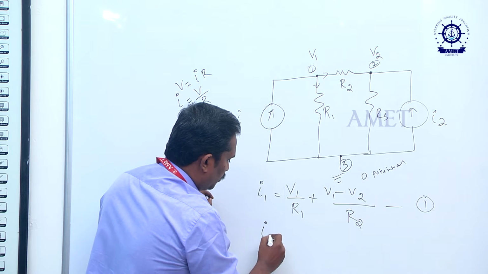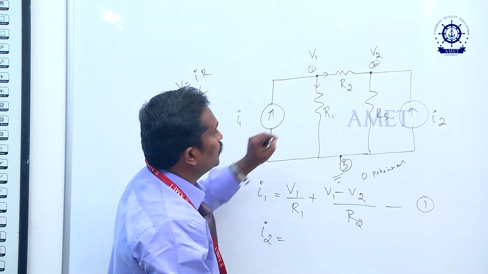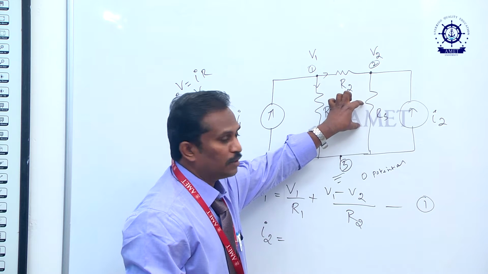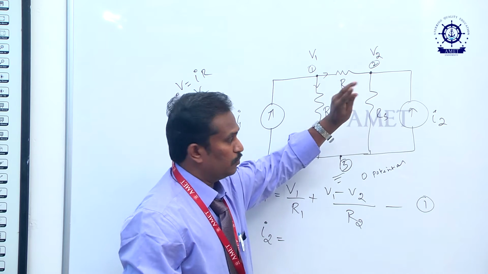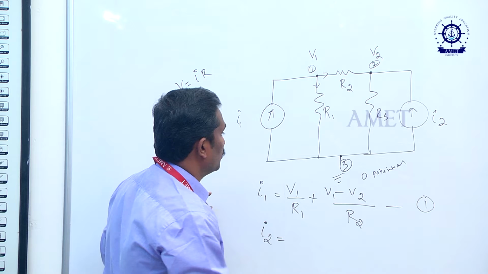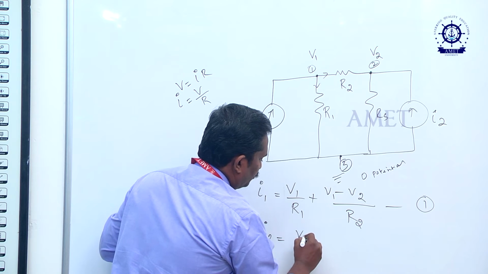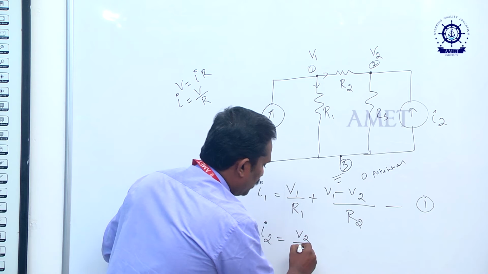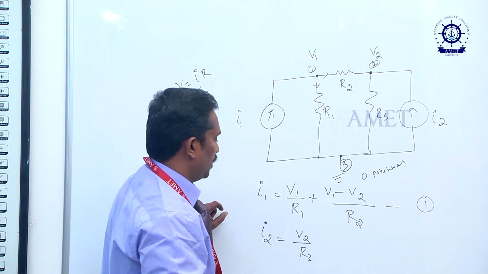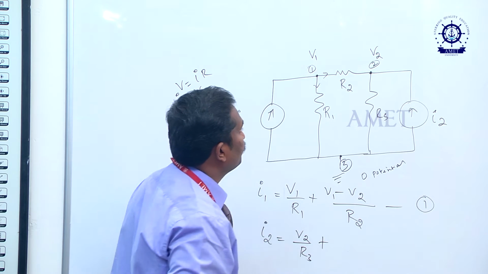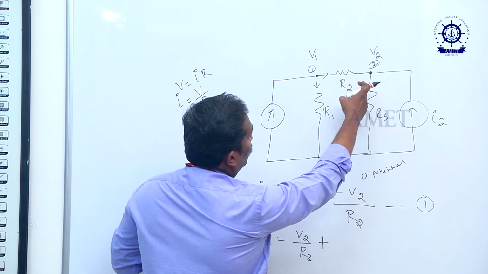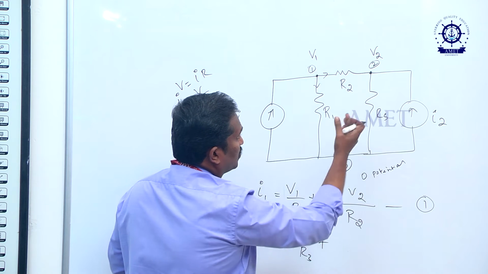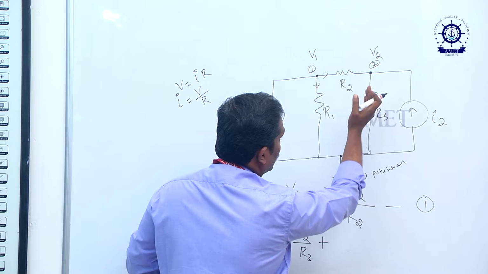So, I2 equal to, the potential across R3 is V2 with respect to the reference node, so the current through R3 is V2 divided by R3, plus the potential across R2 is V2 minus V1.